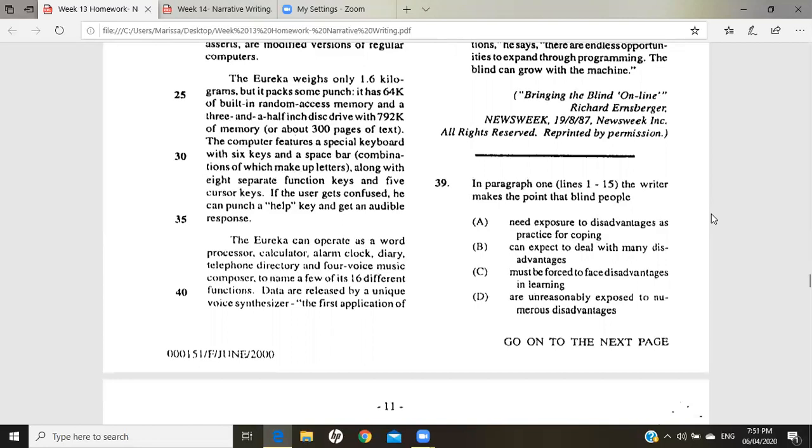Miss, is it D? B, can deal with many disadvantages. No, D. Or D, are unreasonably exposed to numerous disadvantages. Yeah. Any more options? A, miss. A, need exposure to disadvantages as practice for coping.